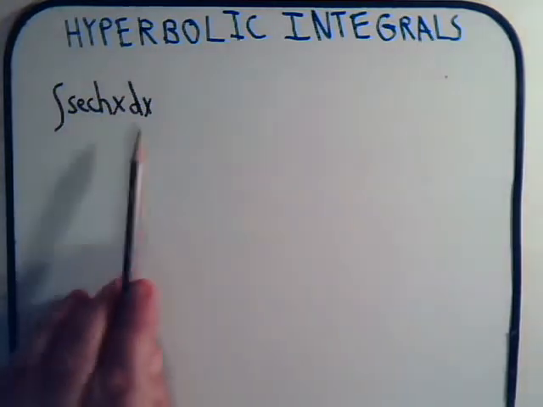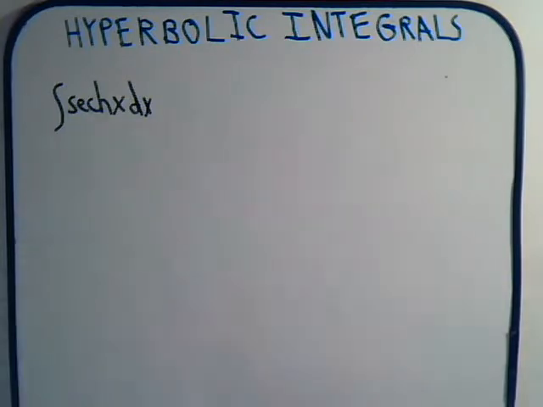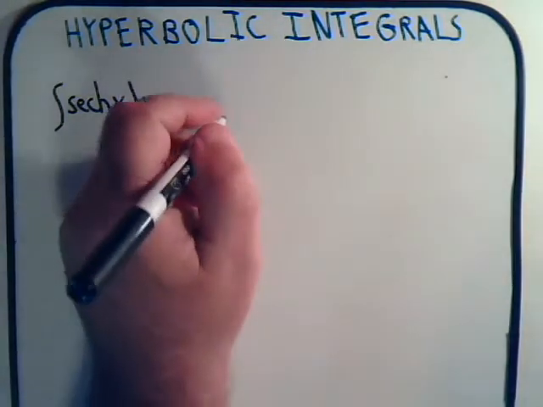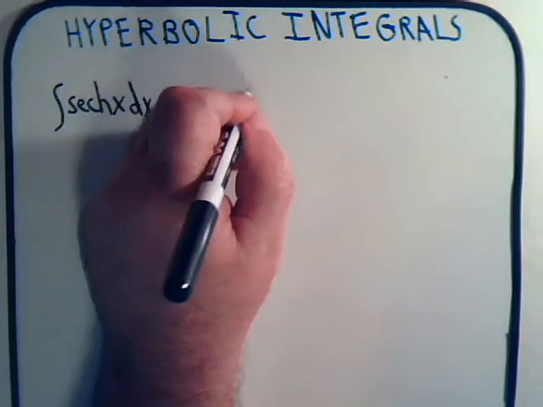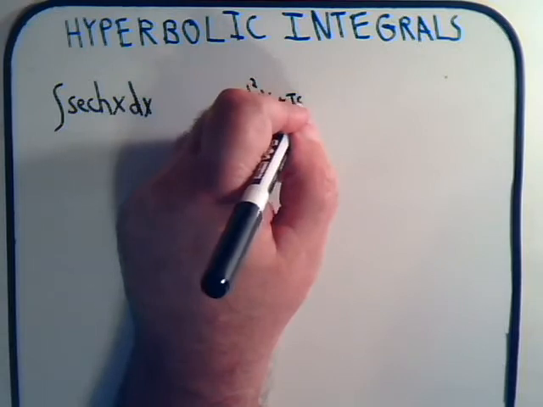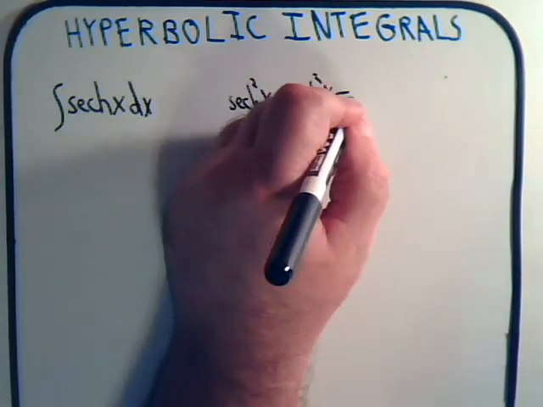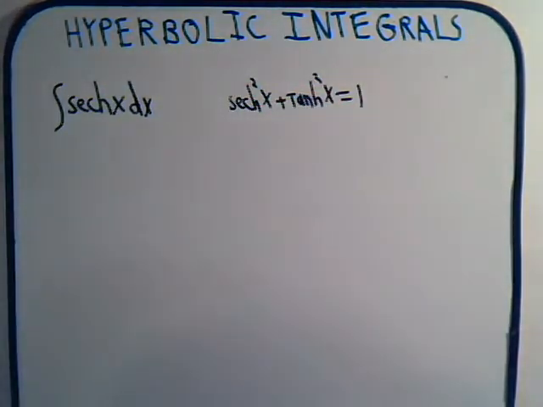But if you look it up in a table of integrals for what the answer is to this, it is not what we derived in the previous video. So there's another approach that we can use here, and that is, if you remember your hyperbolic identities, the hyperbolic secant squared of x plus the hyperbolic tangent squared of x equals 1.